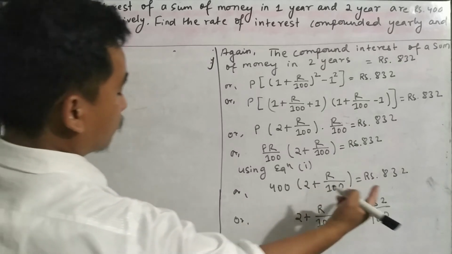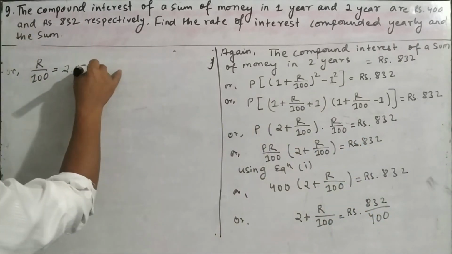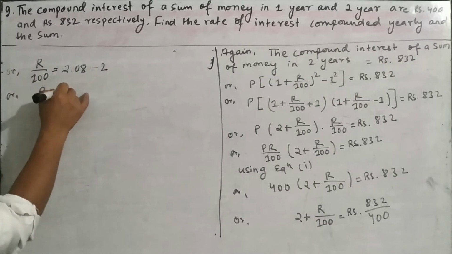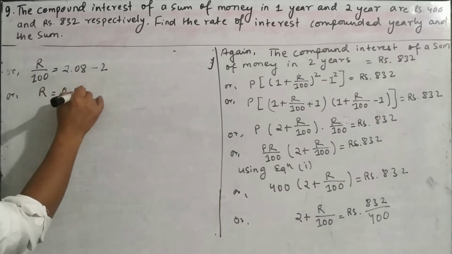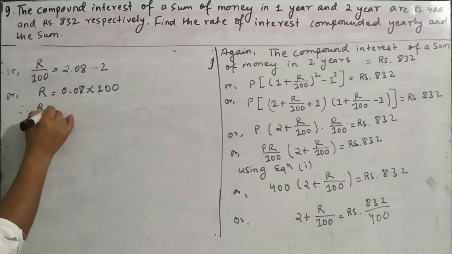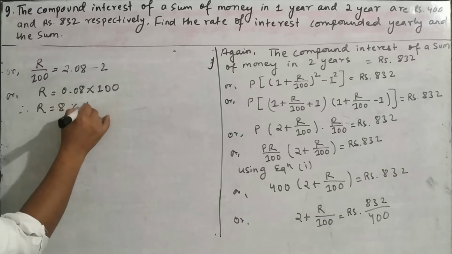Minus 2, the 2 on the right-hand side becomes minus 2, or R is equal to 0.08 into 100. Therefore, R is equal to 8% per annum.